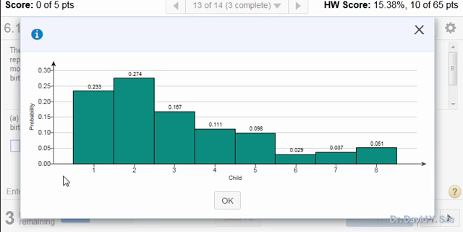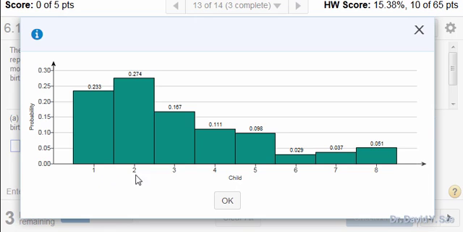You cannot have 0 live births because this one is a child. So this is the number of mothers for which this is their first live birth, the second live birth, the third live birth, etc. I'm assuming 8 means 8 and above.